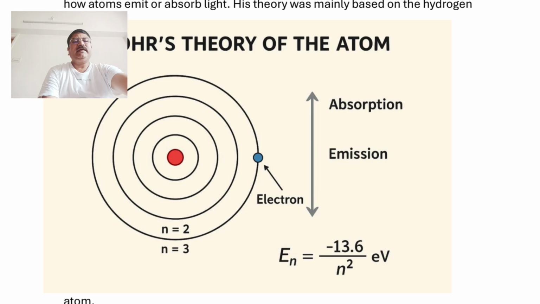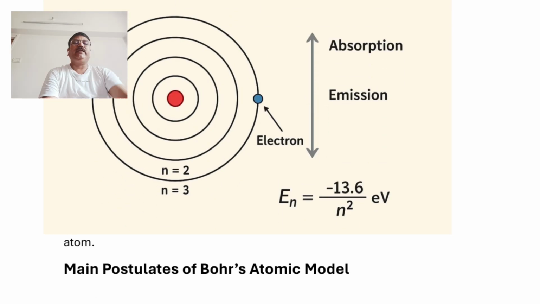Whenever the electron is circularly rotating around the nucleus, either emission of energy or absorption of energy takes place, and it emits or absorbs the energy in various energy levels shown by the formula, that is energy in the energy level is equal to minus 13.6 divided by n square electron volt.